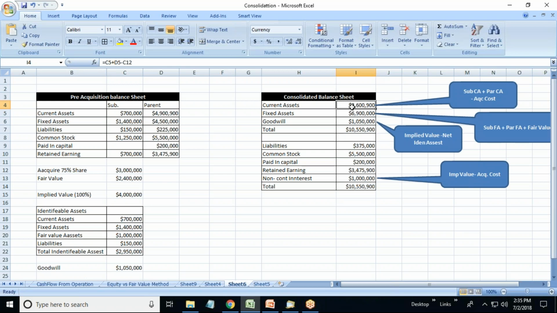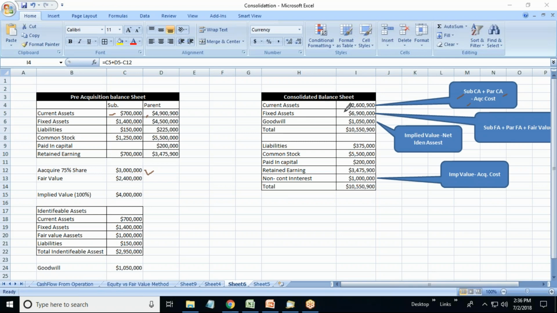When we prepare the consolidated balance sheet, the items are in liquidity order. First, current assets are 2,600,900. We calculate this from the subsidiary's current assets of 700,000 plus the parent's current assets of 4 million, minus the acquisition cost of 3 million.